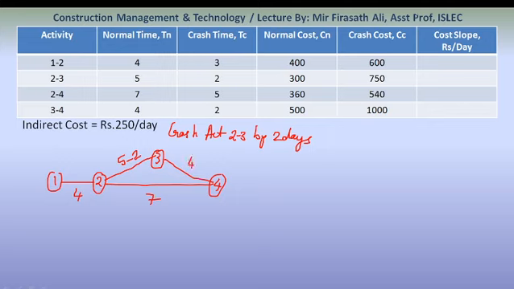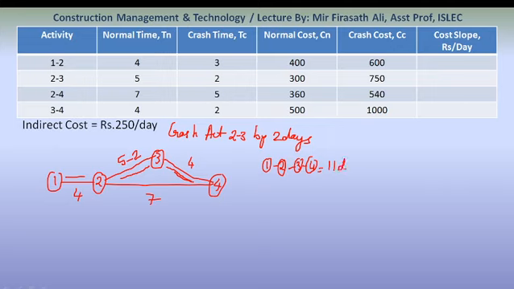Now look here, the critical path is also the same, 1 to 2, 2 to 3, 3 to 4. Let us check. 4 plus 3 is how much? 7. 7 plus 4, 11 days.